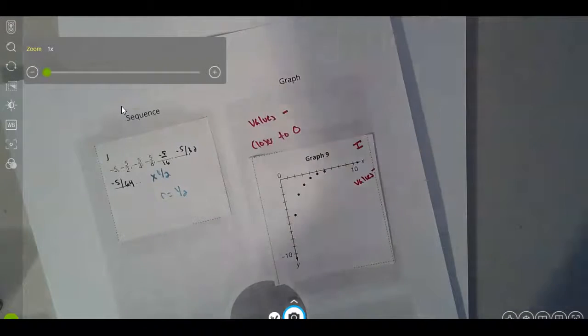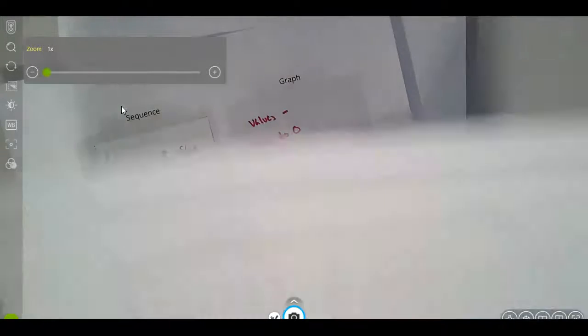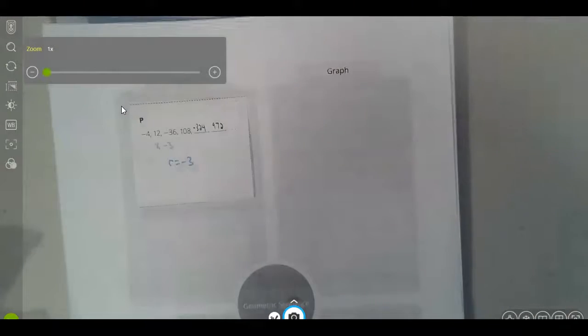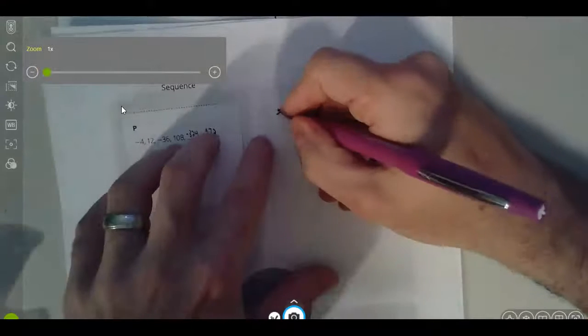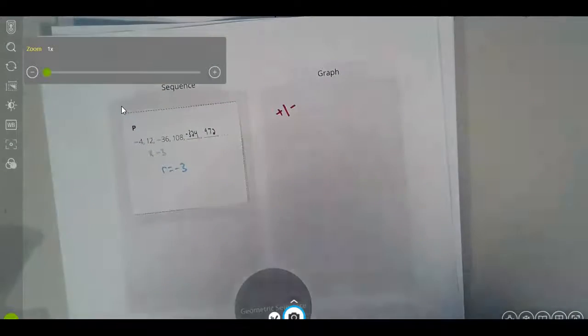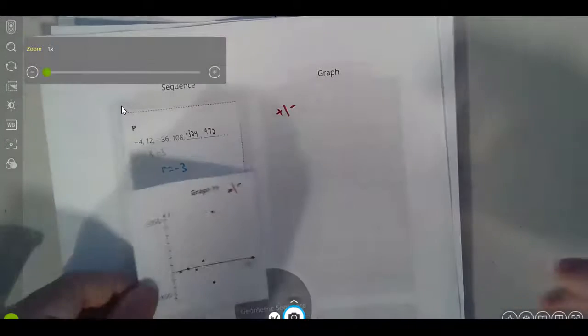All right. Let's look at just one more, sequence P. If I look at sequence P, this one looks like it's alternating positive or negative, so it's kind of jumping around. So let's look at the ones that are alternating positive or negative.